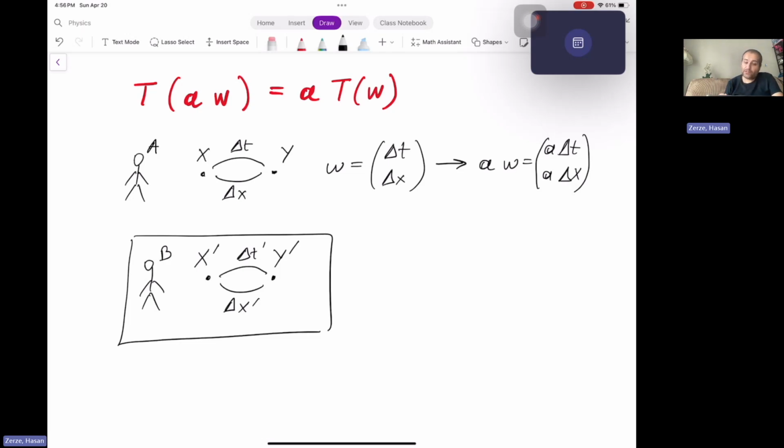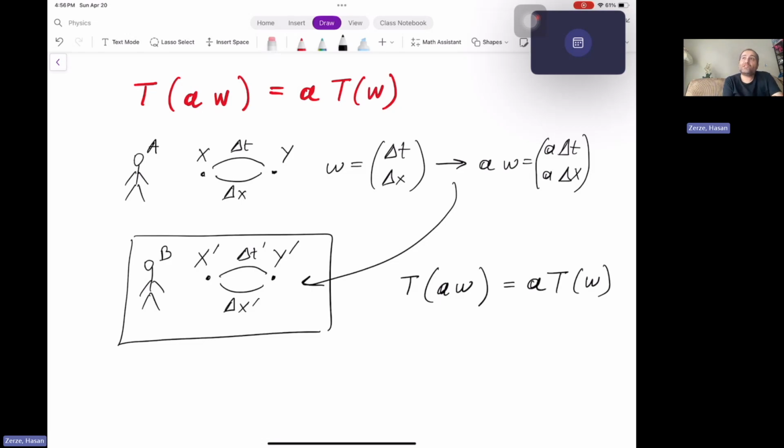Now, the idea here is that if I multiply with a, meaning that I change the unit system and then transform that into the reference frame of B, what will happen is B will now see the things in the new unit system. So the transformed version of AW will be this time the same as TW with the change in units.